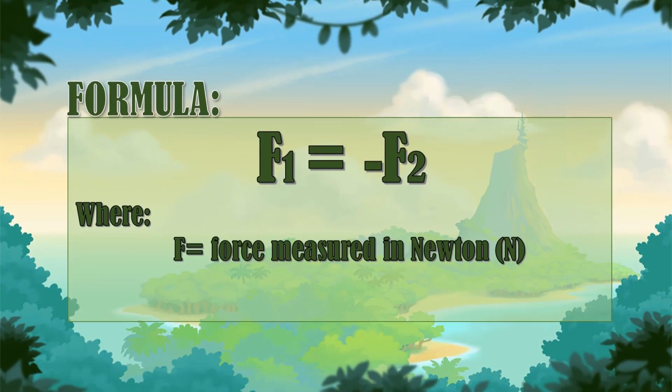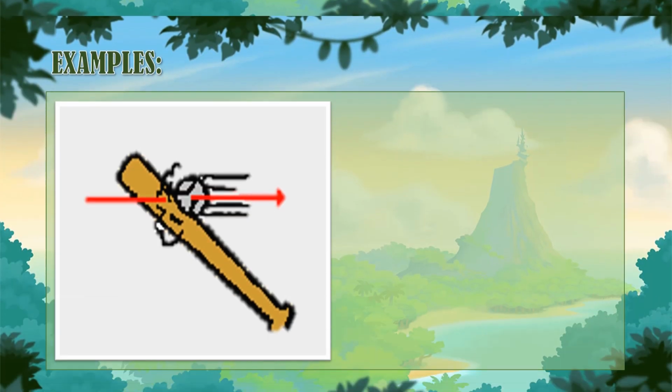Formula, we have F1 is equal to negative F2, where F is force measured in Newtons, which means that the forces are equal in magnitude and opposite in direction.